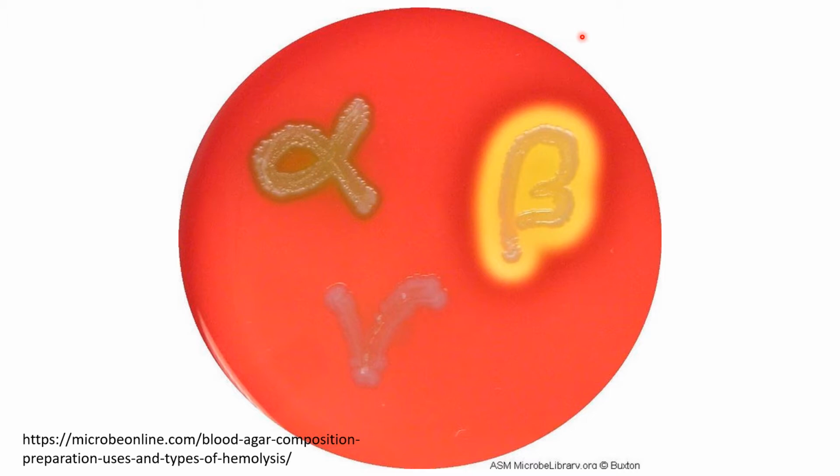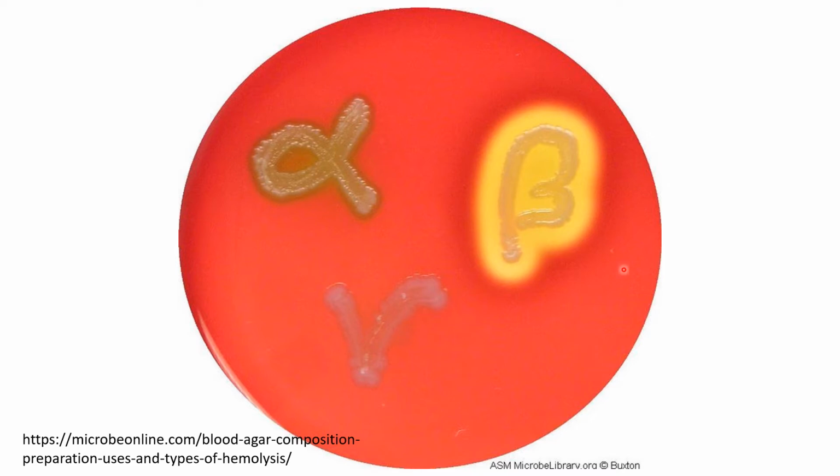Sometimes we have fastidious organisms that require other nutrients, such as streptococci. Blood agar is usually made up of trypticase soy agar, and this is enriched with 5% sheep blood. So there's blood, that's why the color is red.